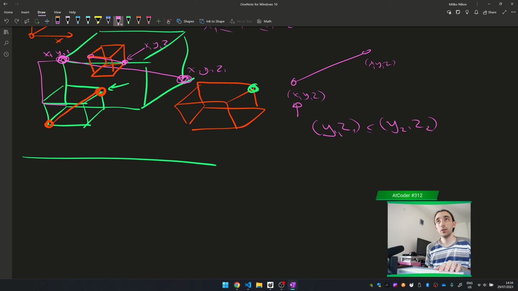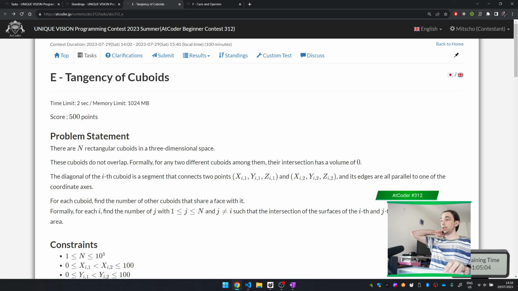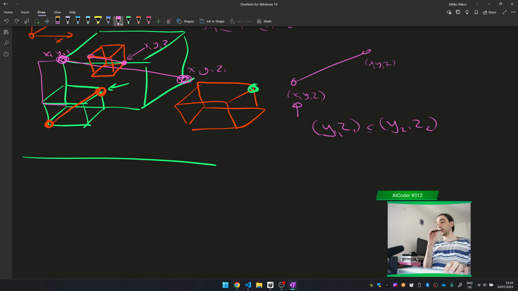So if it's on an edge, but I believe that because of the constraints there can never be a quadratic solution, quadratic touchings, then you could just eliminate one of the points and then just go over.